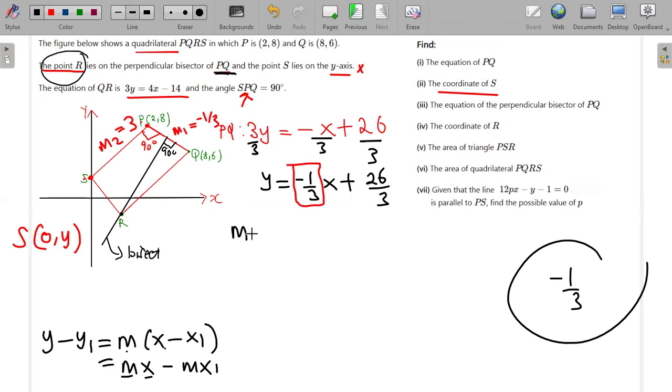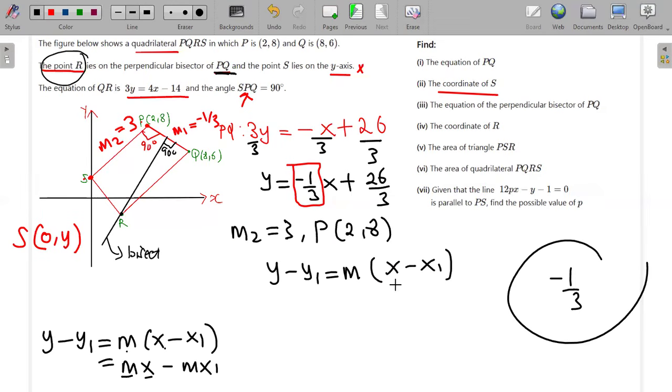So I found the gradient of this line here, and I also have the point. I have the gradient m2 as 3, and I have the point 2 comma 8. I can actually find the equation of this line. So it will be y minus y1 equals m times x minus x1. So this will be y minus 8, the y1, and then the m is the 3, times x minus 2.